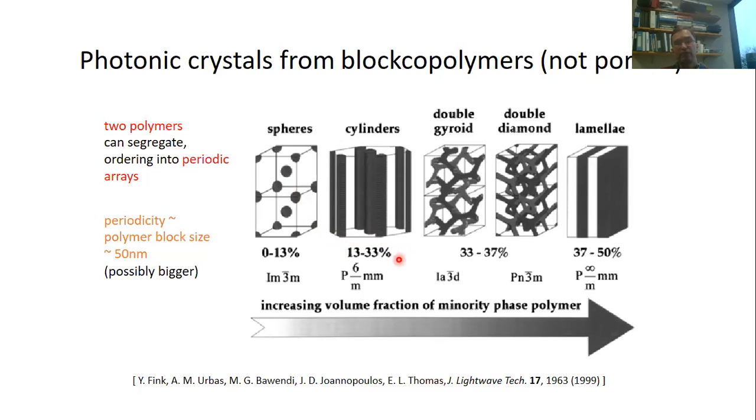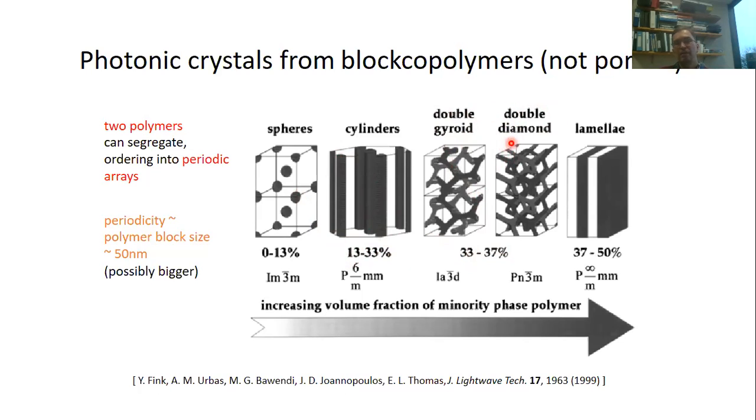When we have a volume fraction of 13 to 33%, then we are getting cylindrical aggregates that are well separated by the second block. If we further increase that volume fraction to 33 to 37%, then we can get gyroid structures, or what is called a double diamond structure.